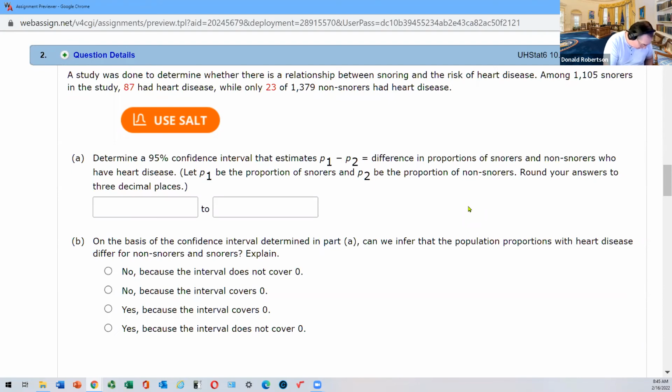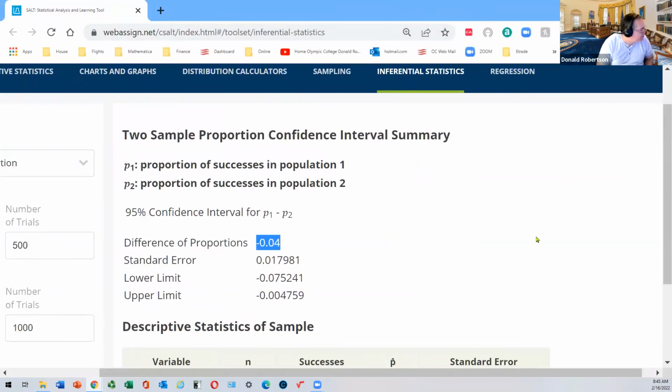And only 23 out of 1,379 who were not snorers had heart issues. And we are going to do a 95% confidence interval of the difference. And P1 is going to be the snorers and P2 are the non-snorers. Okay, I got everything I need. Click on this guy. Let's set up salt with everything that we need.